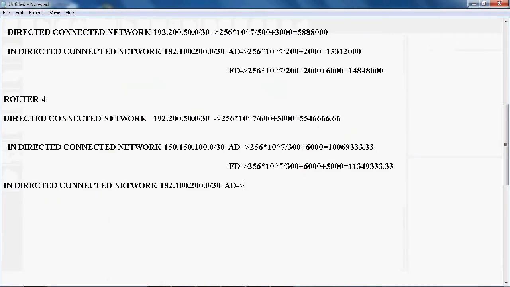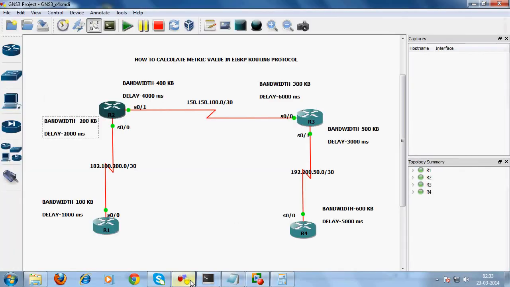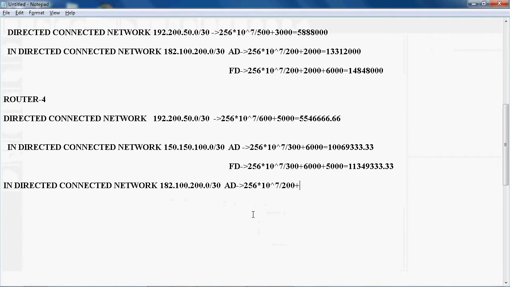So 256 into 10 power 7, divided by 200, plus delay values 2000 and 6000.